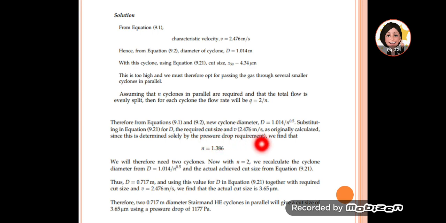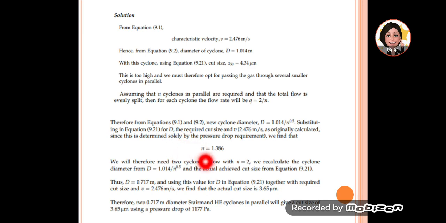The V is still the same as calculated originally, because it is determined solely by the pressure drop. Then we can find that n is 1.386. We can't have 1.386 cyclones, so we need at least 2 cyclones.